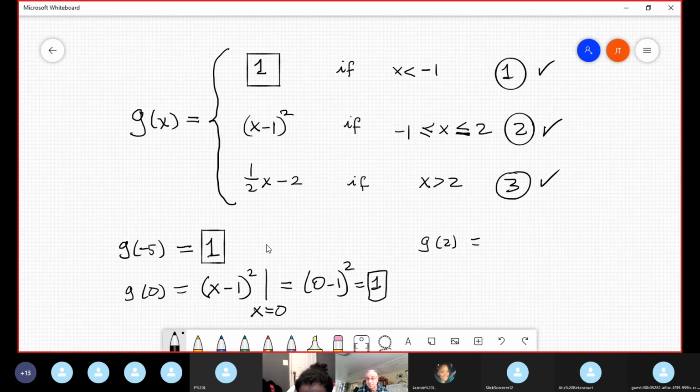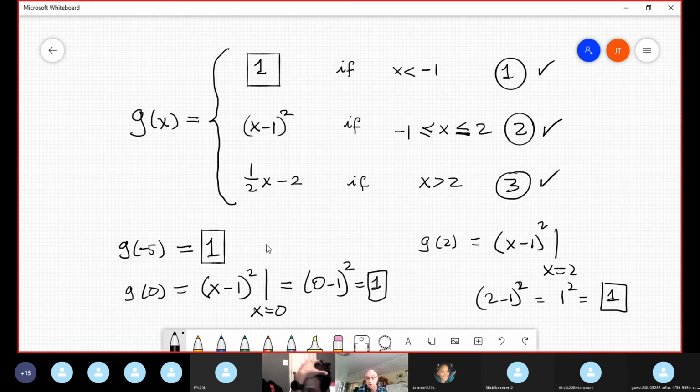So you copy again the same expression, x minus 1 squared, but you evaluate now at 2, such that x equals 2. So plug it in here, 2 minus 1 squared, 2 minus 1 is 1, 1 squared is 1, the answer is 1. Wow, so everything is 1. Yes, in this problem, the solution is 1, 1, 1. Do you understand piecewise functions very well?